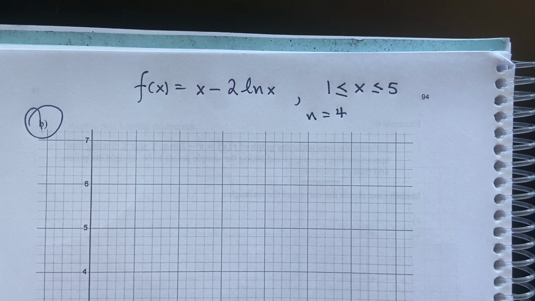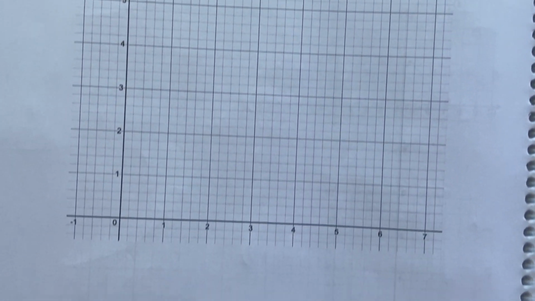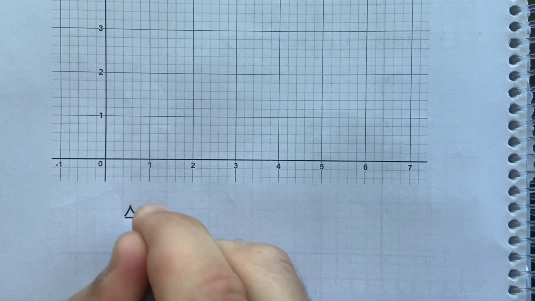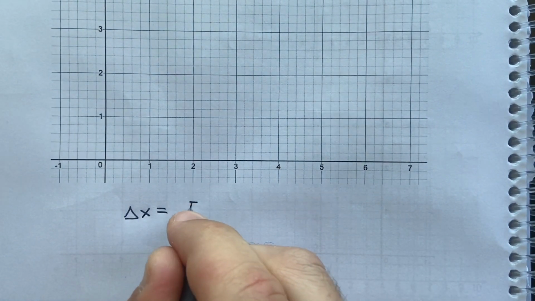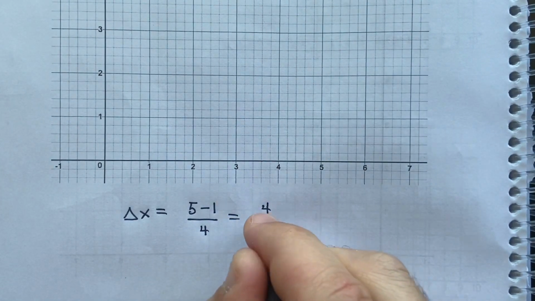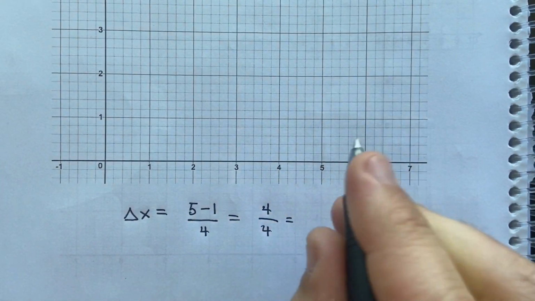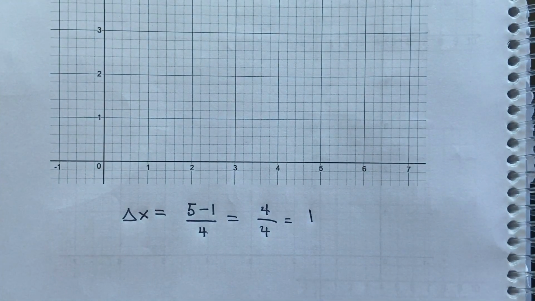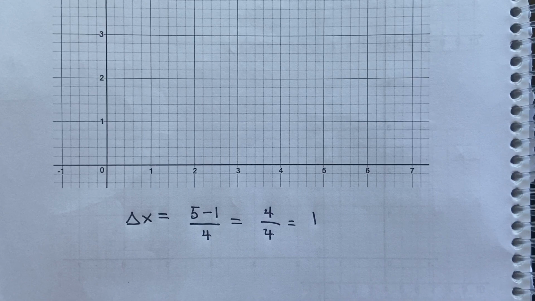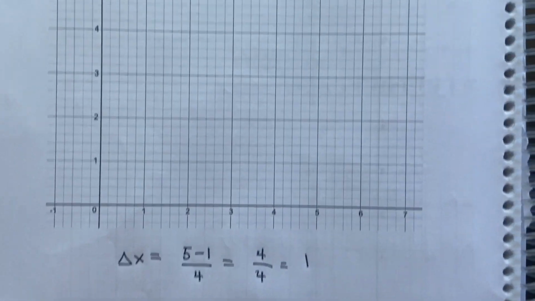And we're taking midpoints. So let's see, we'll have delta x equals (5 minus 1) over 4. So this is 4 over 4. So these rectangles will have a width of 1. For our information, let's go ahead and plot the graph of this.